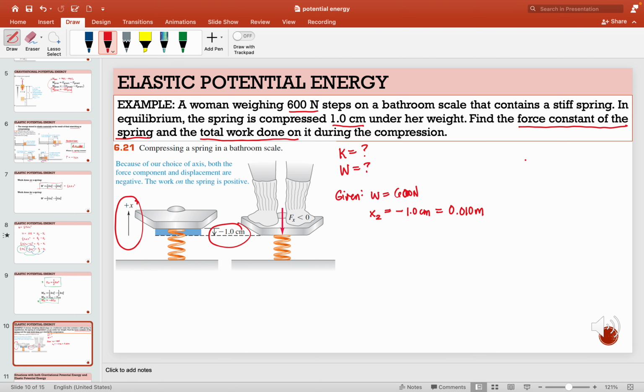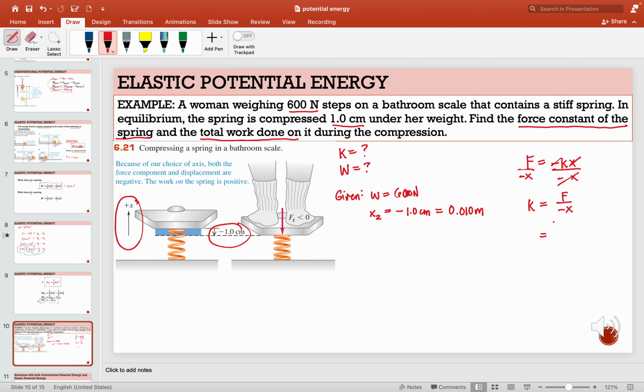Okay. So now, to solve for the force constant of the spring, or the spring constant, from Hooke's law we have F is equal to negative k times x. To solve for k, which is what we need to find, we divide both sides by negative x. So the negative and x cancel out. So to solve for k, we have F divided by negative x.